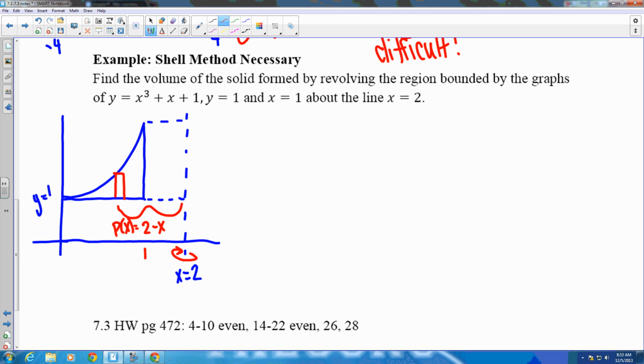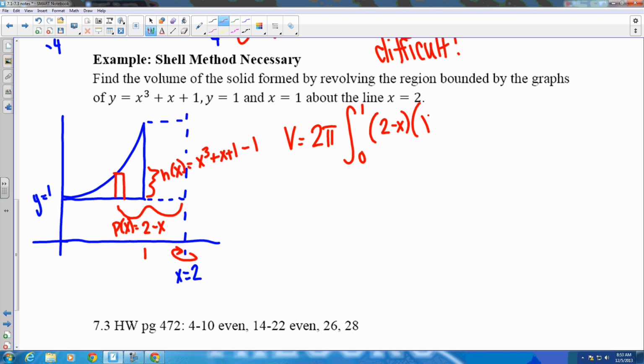So it's a little bit different when we're revolving it around something that's not a horizontal or vertical axis, y or x. And then the h of x is the height, which is x cubed plus x plus 1 minus 1, because I have to do f minus g to find the area in between those two. 2 pi times the integral from 0 to 1 of p of x, which is 2 minus x, times x cubed plus x.